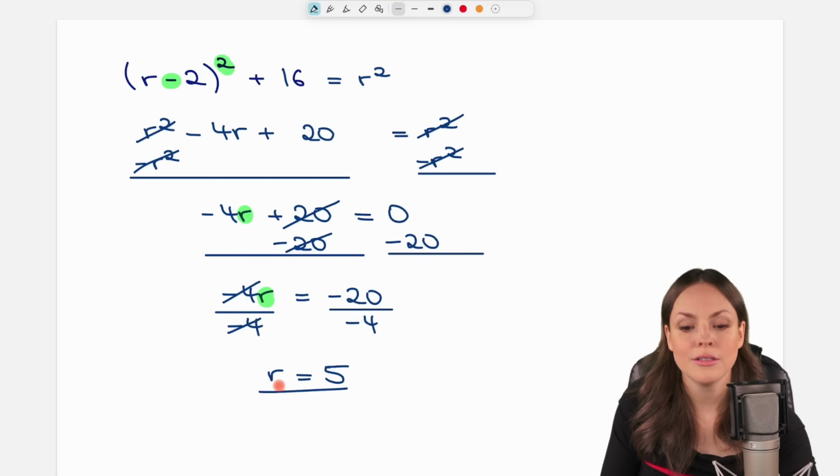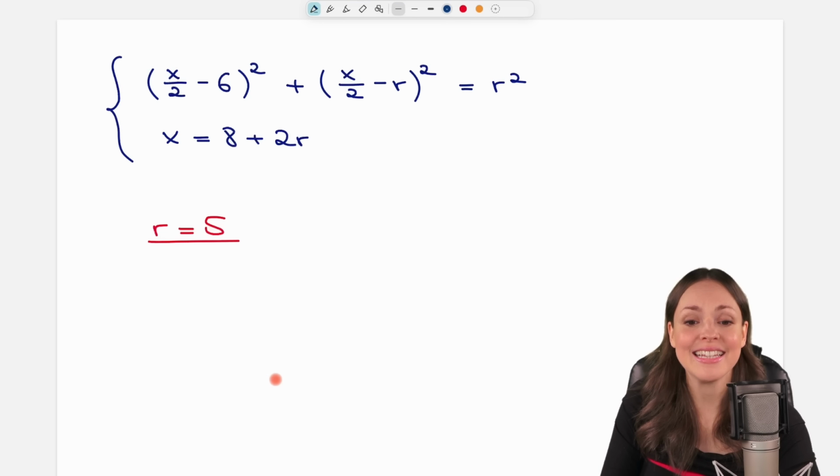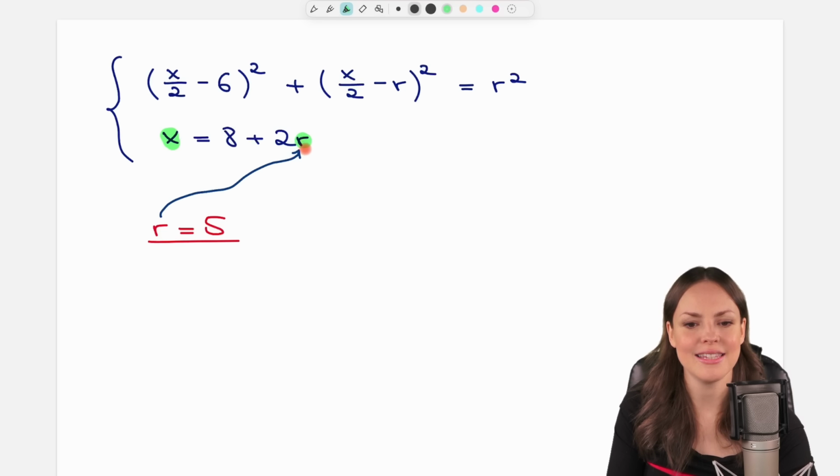We found our radius. Were we interested in our radius? Not really. We wanted to find x. But let's take our radius. Let's go back to our system of equations, because now we can find our x by inserting our radius here in this equation.